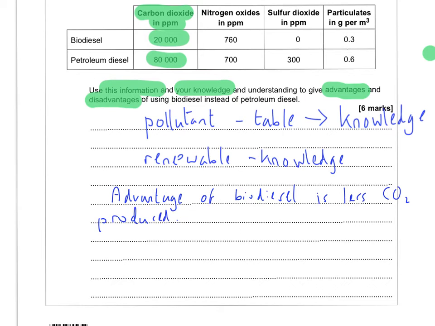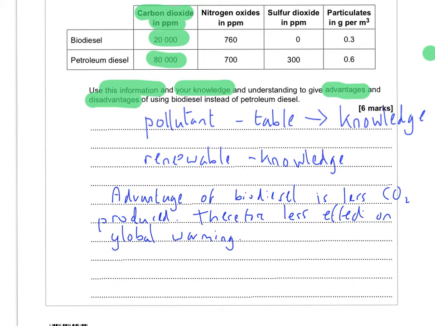And then therefore we could say, therefore there will be less effect on global warming. Okay, so what we're doing there is we're saying an advantage. We could also say disadvantage, and we're saying the effect.